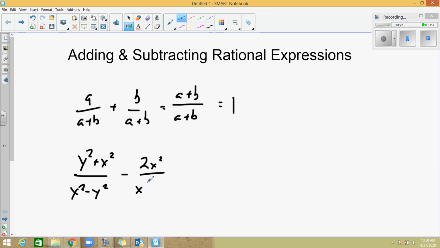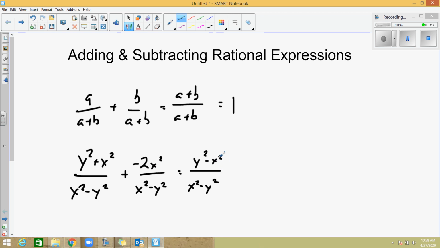And it's also got that same common denominator. Since we already know it, let's put it down for our answer's common denominator. Now, this is add the opposite sign, so this becomes a negative 2x squared. When I combine like terms, I get y squared, and the x squareds combine to be negative x squared.